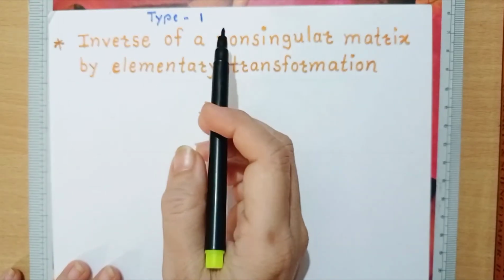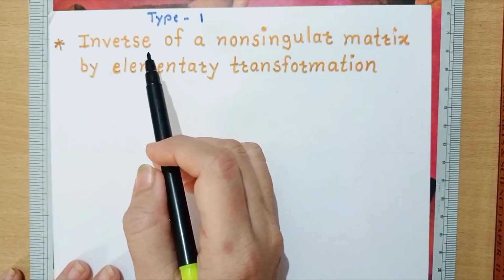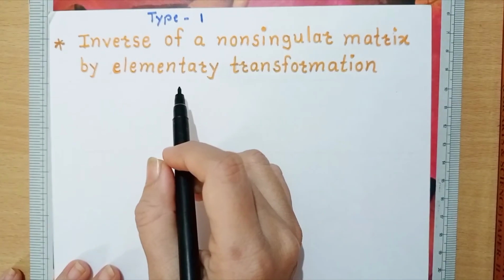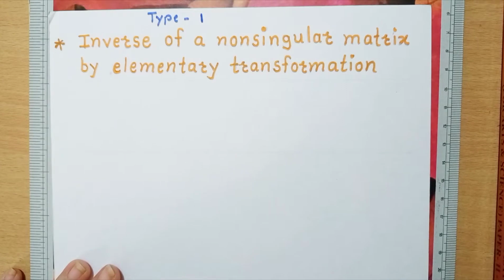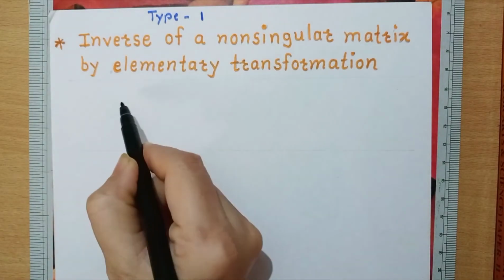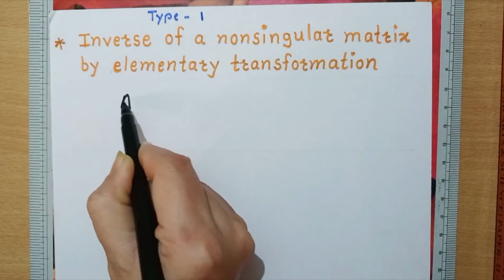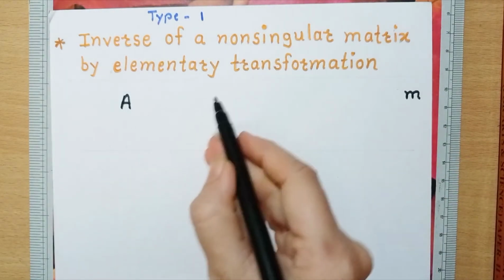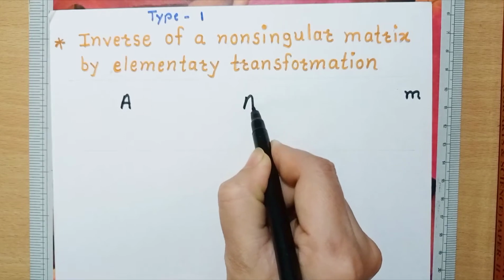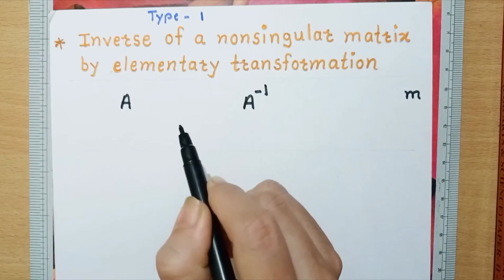Let's see the first type: to find the inverse of a non-singular matrix by elementary transformation. We know that if A is a square matrix of order m and if its inverse exists, let that inverse be A inverse.